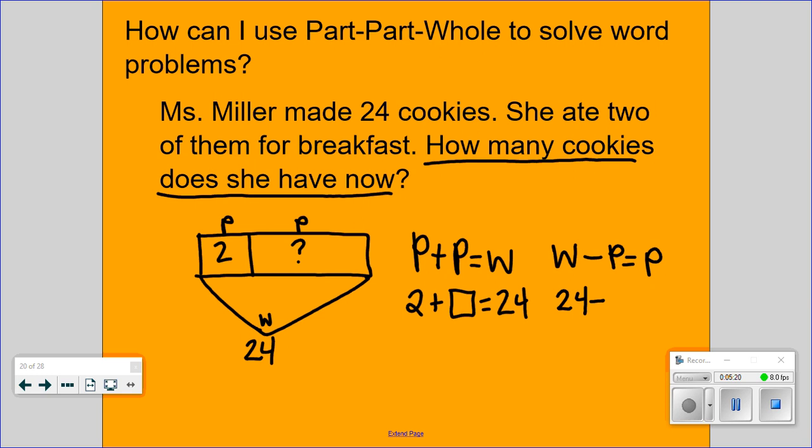I could use the 2 or the box, they're both parts. But to make this equation easier, I'm going to put in the 2. That way I have something to actually subtract. Equals box. Both of these equations will solve this problem. It's just how you look at it. But as you can tell by now, the answer is 22. So 22 cookies I have left.